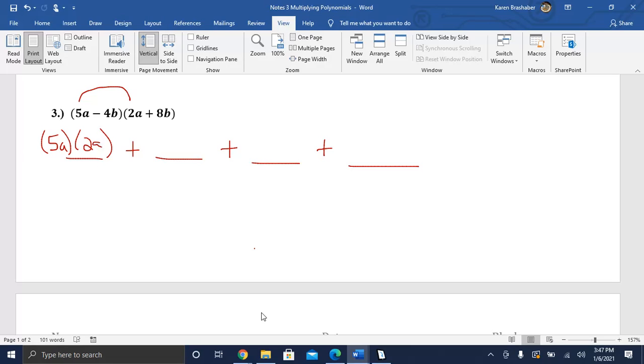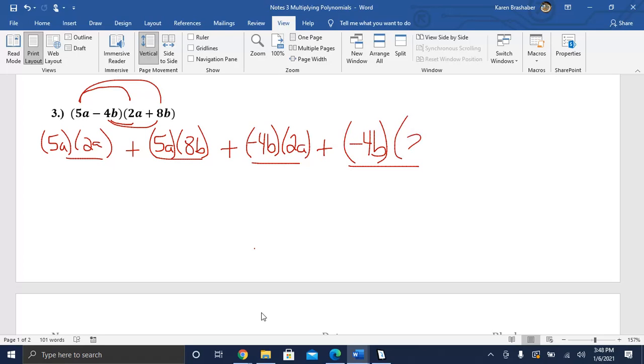So 5a times 2a. Then I'll be multiplying 5a times 8b. Then I'll go back and I'll be doing negative 4b times 2a, and then negative 4b times 8b.